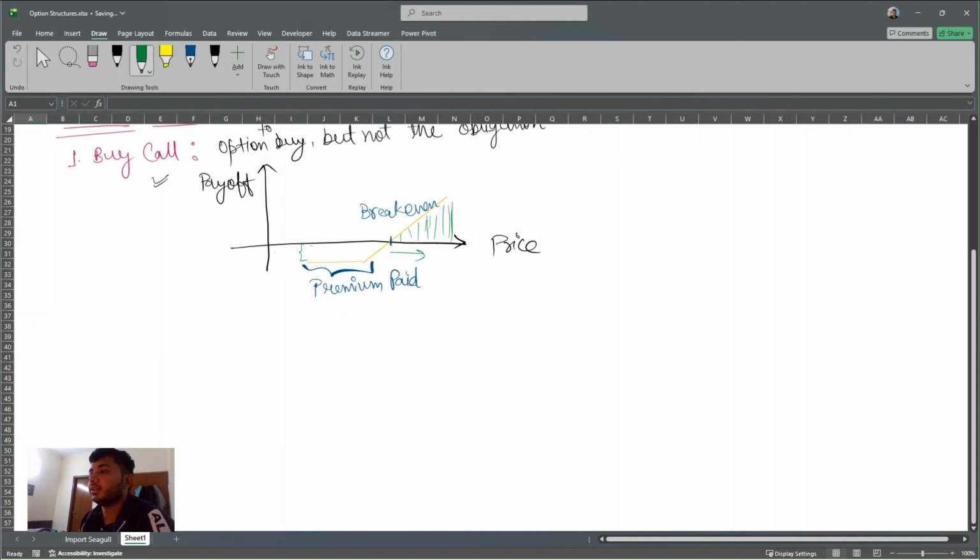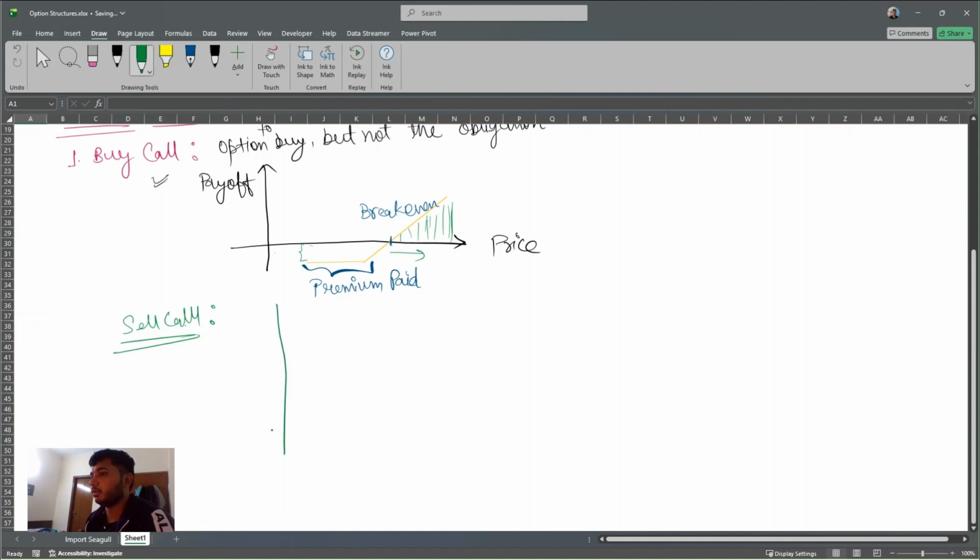Then there is another variation which is called sell call. What's the difference between a buy call and sell call? Very simple difference. You just need to make a mirror image of it. The axis through which you make the mirror image will be the price.